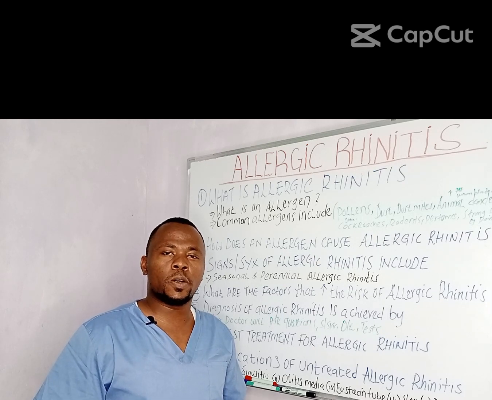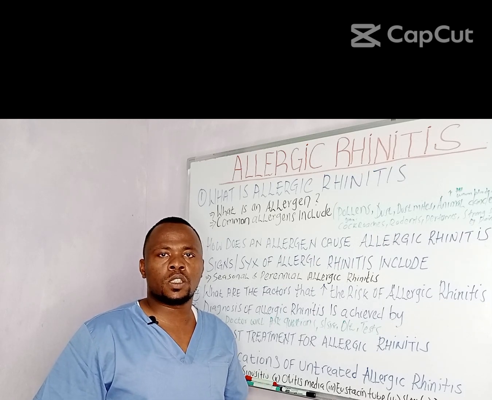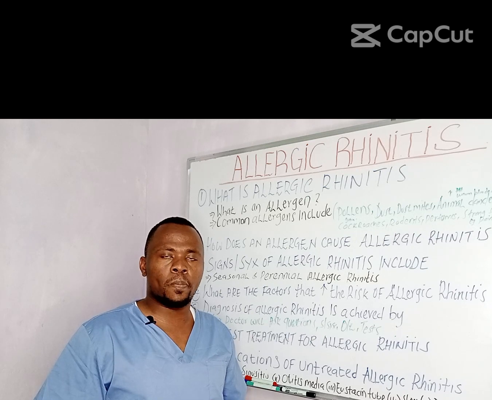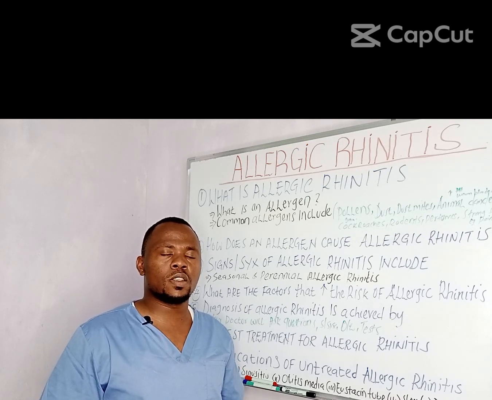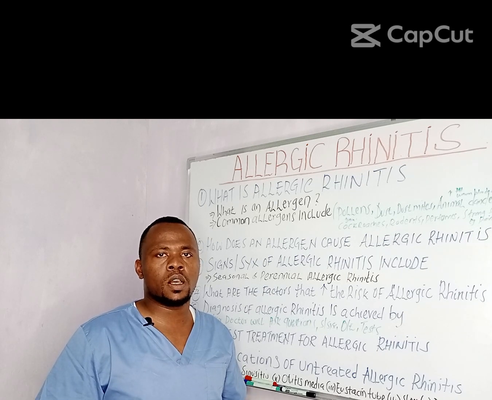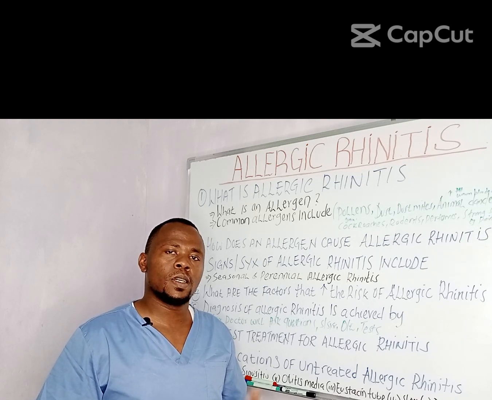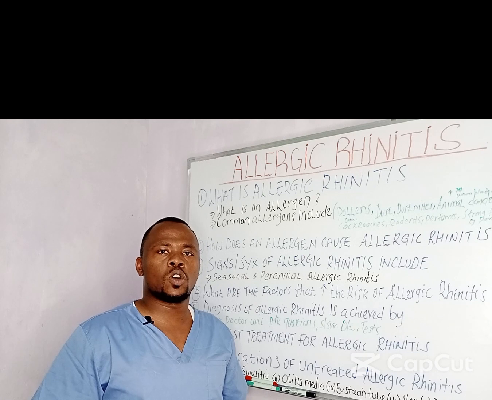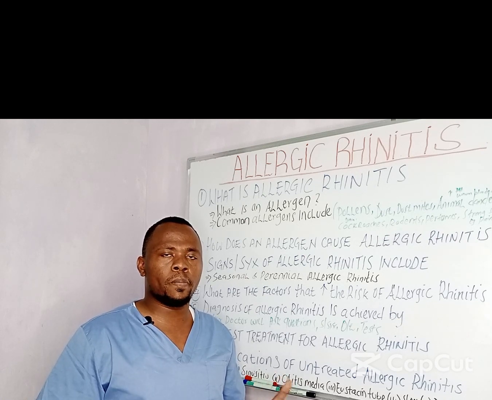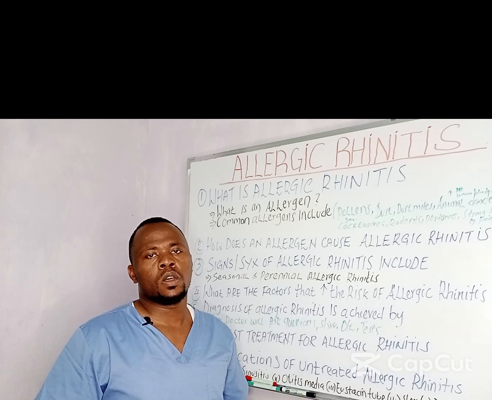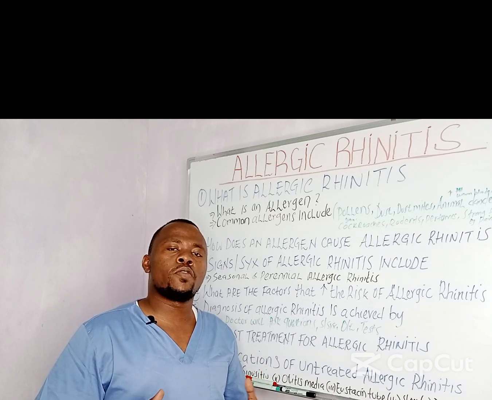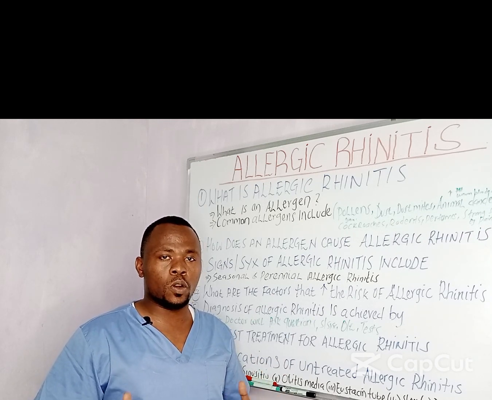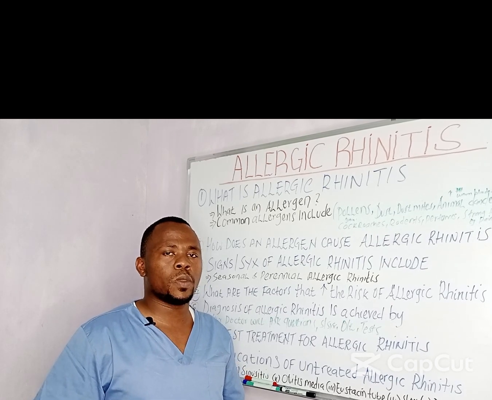These IgE antibodies will signal your immune system to produce chemicals like prostaglandins, leukotrienes, histamines, and other inflammatory mediators. These chemicals will be released into your bloodstream by your immune system cells. The effects and actions of these chemicals is what will produce your signs and symptoms.